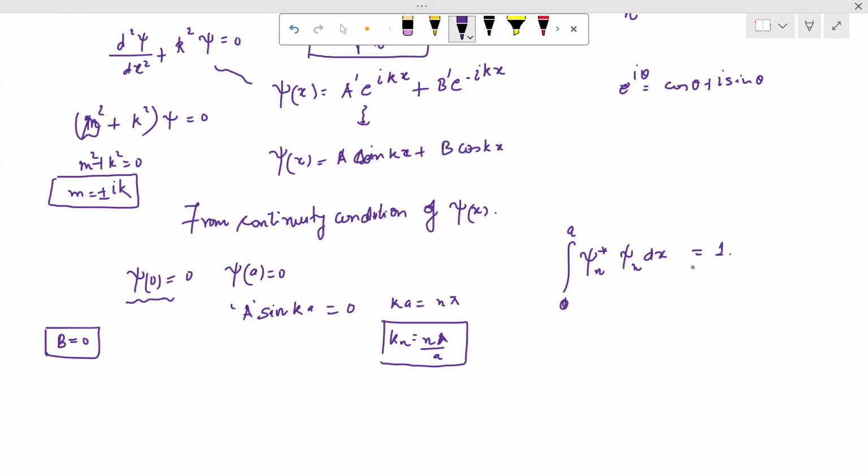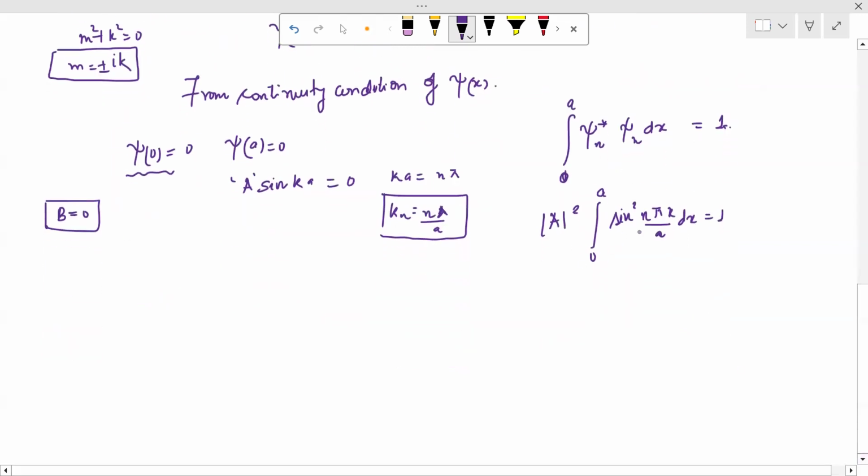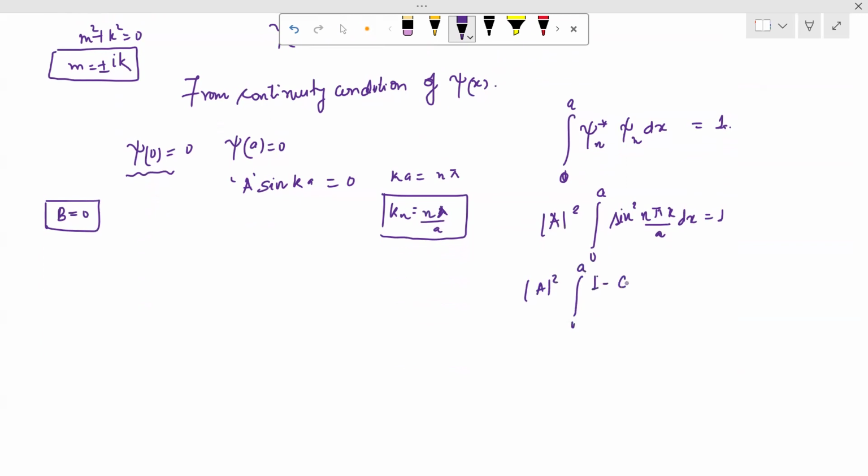If we use this normalization condition, then |A|² times the integration from 0 to a of sin²(nπx/a) dx is equal to 1. This integral I can write as the integral from 0 to a of (1 minus cos(2nπx/a)) dx, divided by 2, is equal to 1. So this is |A|² divided by 2.